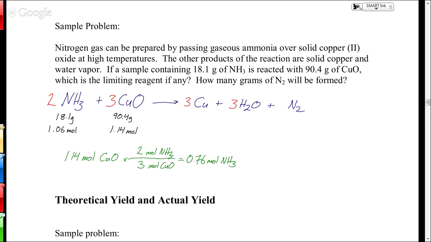Right. So this tells us that for every 1.14 moles of copper oxide, which is what we have, we need 0.76 moles of ammonia. What we actually have is 1.06 moles of ammonia.